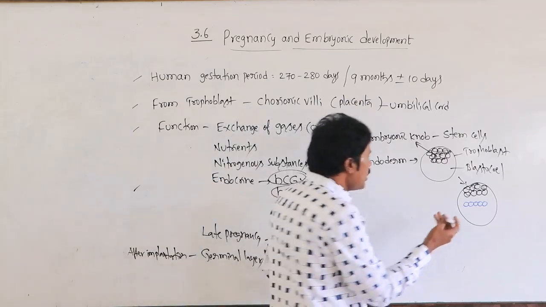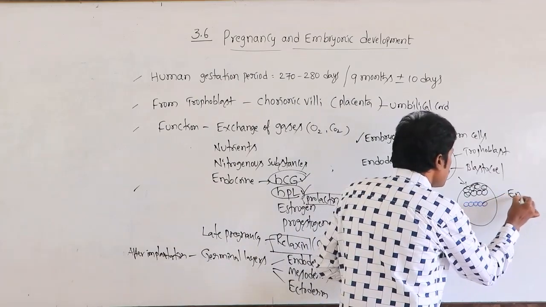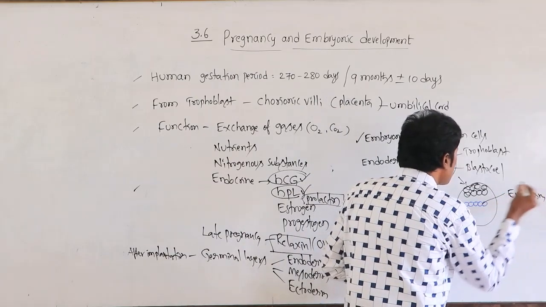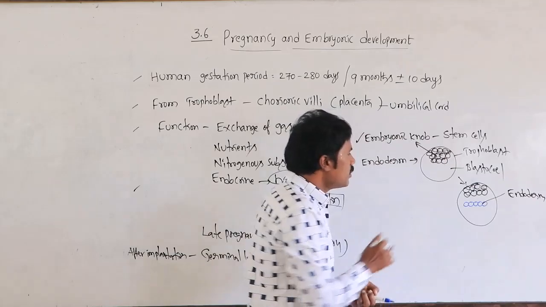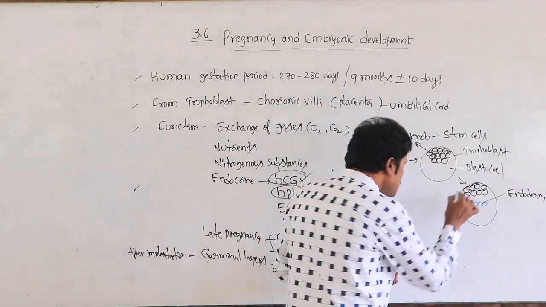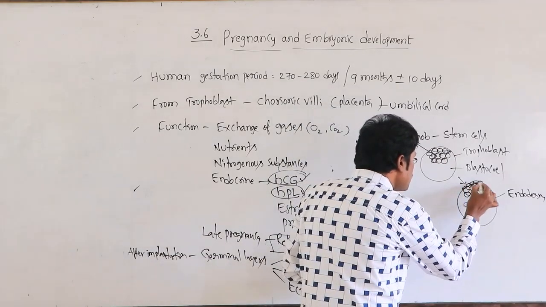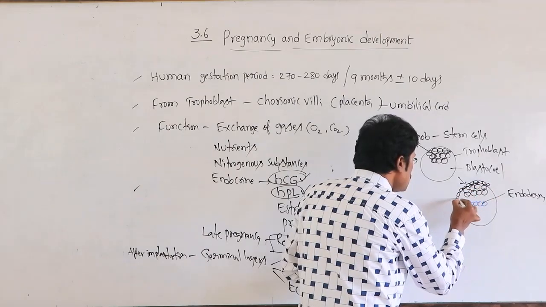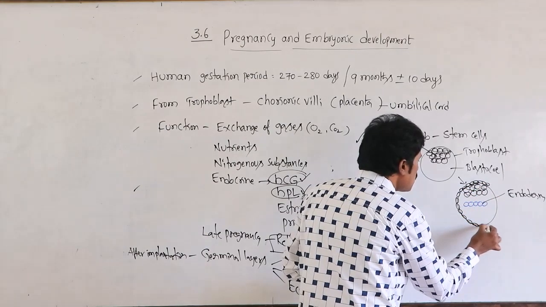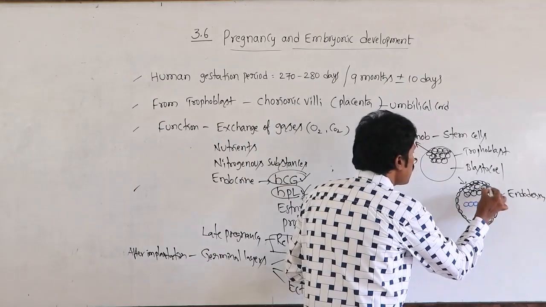The name of this layer we call endoderm. Endoderm. Then the cells outside, this is the trophoblast. That is the total we call trophoblast.